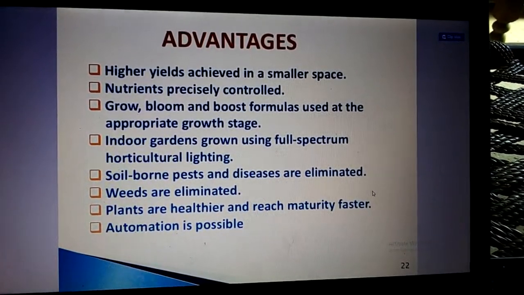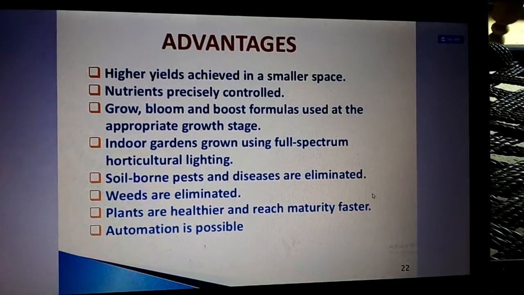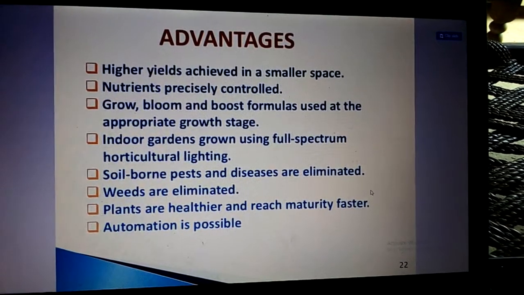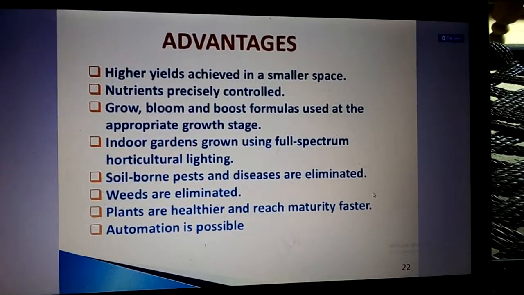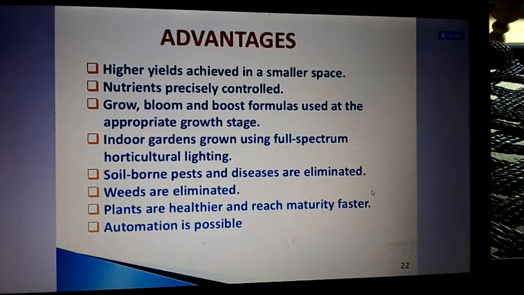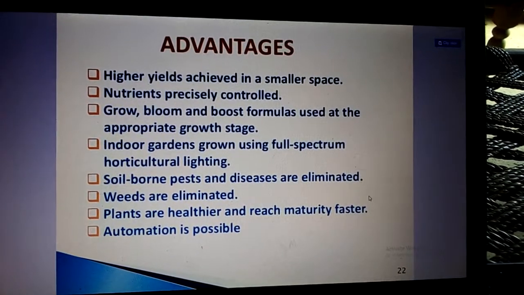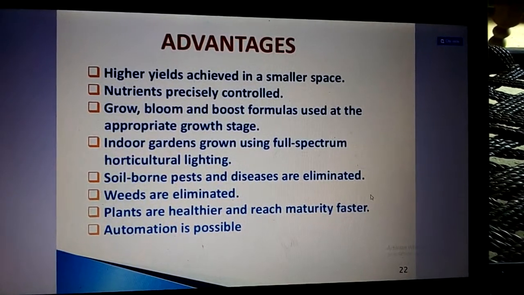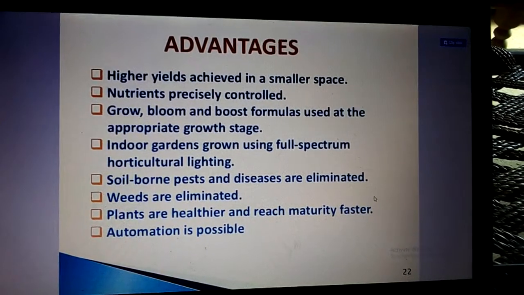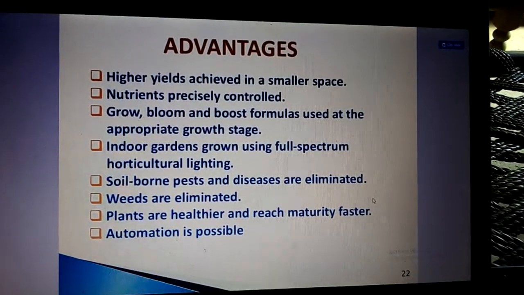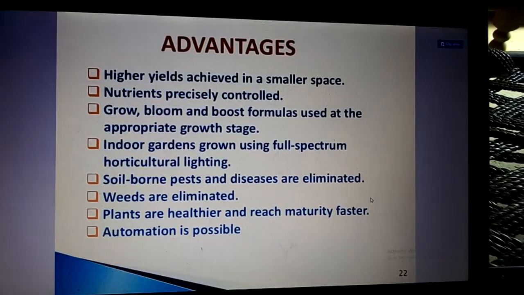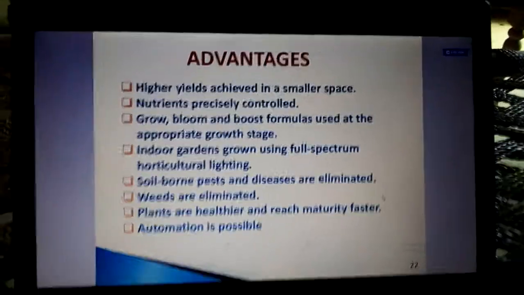Indoor gardens can be grown using full spectrum horticultural lighting. Soil-borne pests and diseases are eliminated. Weeds are eliminated. Plants are healthier and reach maturity faster. Automation is possible in this system.